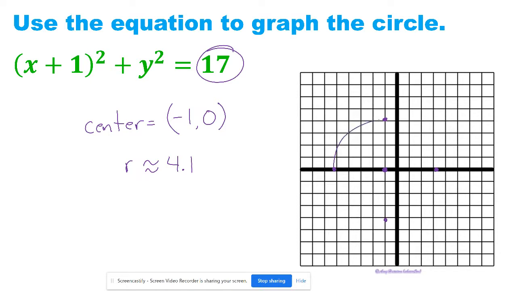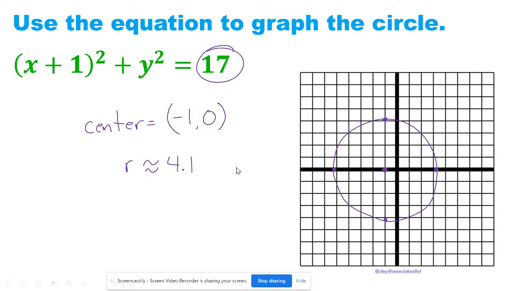And I will draw my circle. Not great, but again, you get the point. So that's one situation you might get where they give you the equation, it's in the right format, and you just identify the center, identify the radius, and make your graph.